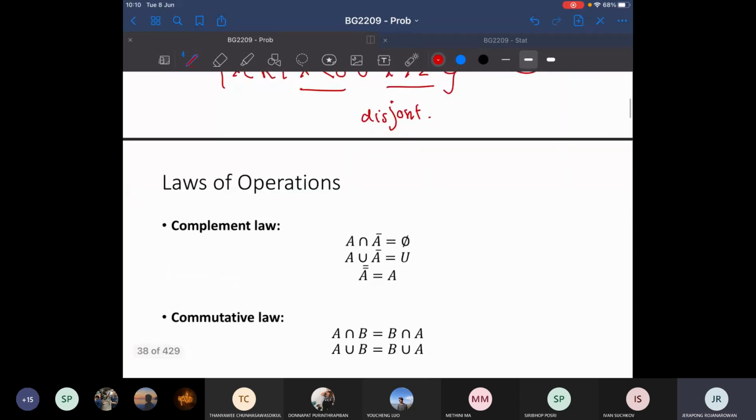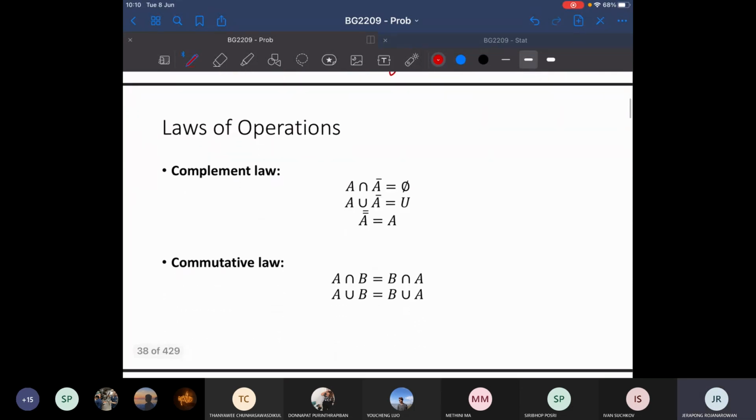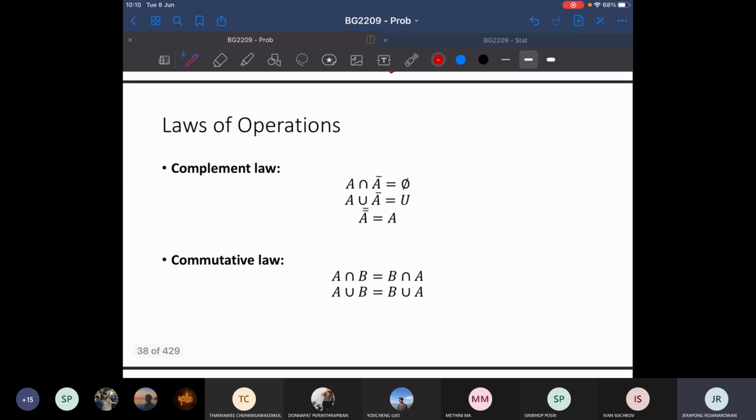Let's take another two slides and then that should be enough for the first day. Let's continue a little bit. If you use your imagination, you can see that A intersect with A bar, what's going to happen? This is your A, this is your A bar, there's no overlap, right? The intersection would be the empty set, not 0.